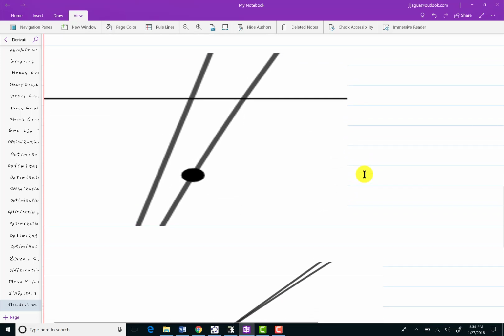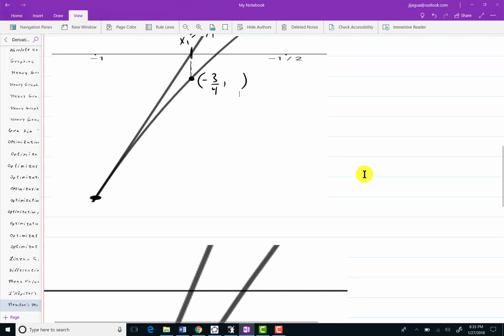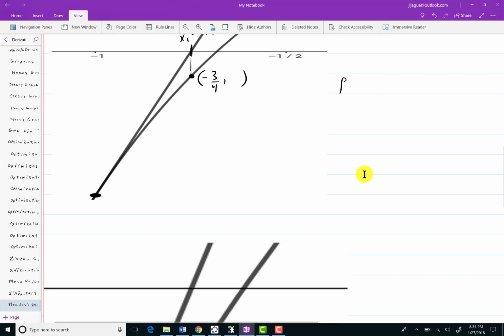So let's calculate that point first of all. F of negative 3/4 equals negative 3/4 cubed plus negative 3/4 plus 1. That equals negative 27 over 64 minus 3/4 plus 1.